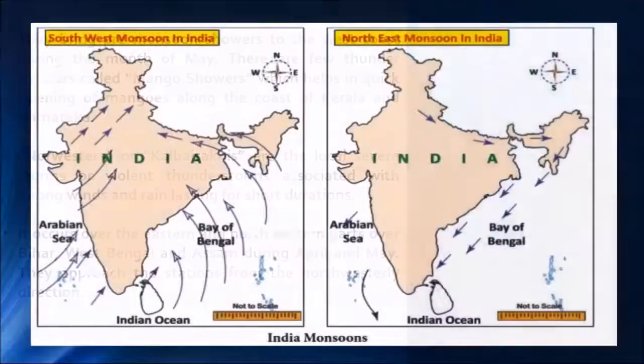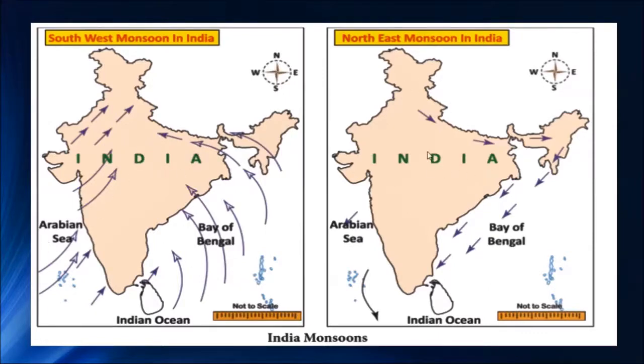Okay children. So here I have given two maps on one page itself. This map indicates the southwest monsoon in India. Look at the flow of wind, how it is blowing from this side to this side. This is called the southwest monsoon from the Arabian Sea and Bay of Bengal.